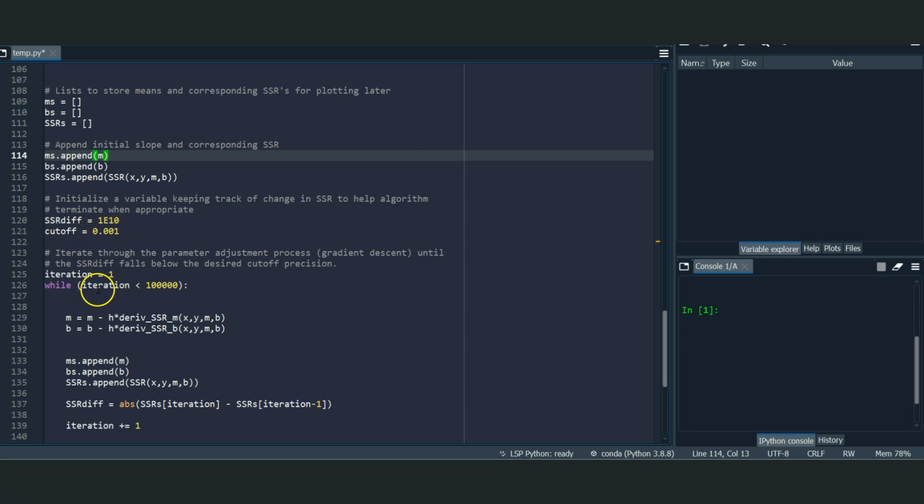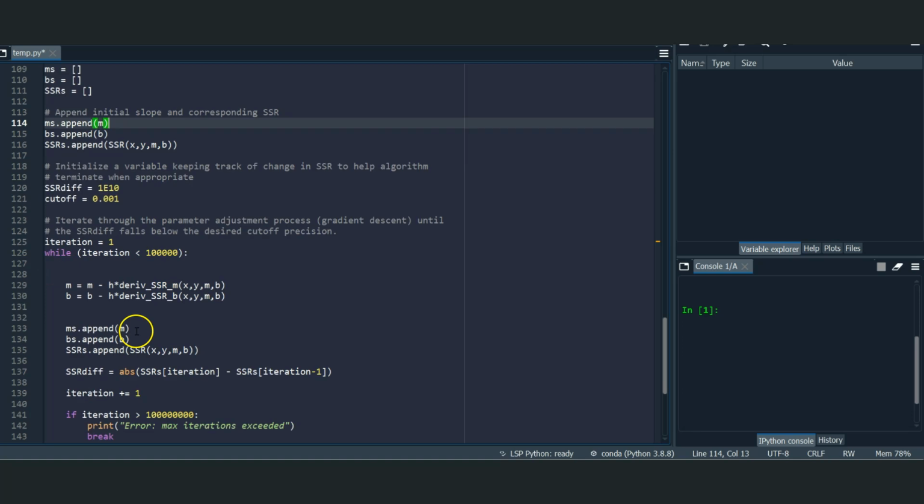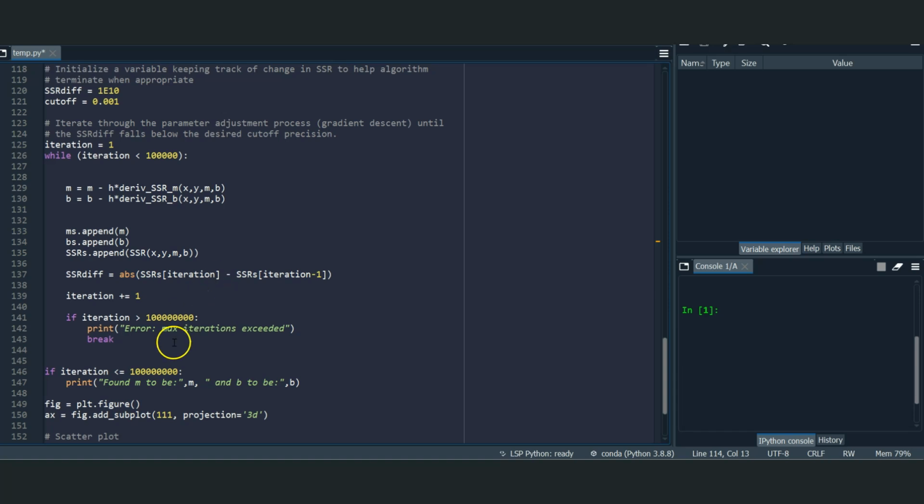For now, I've updated this code a little bit. I am just going to continue to run this 100,000 times as opposed to requiring an SSR difference. So I'm just going to let this run. Basically the only thing we're going to do differently here is I'm not vectorizing this right now.